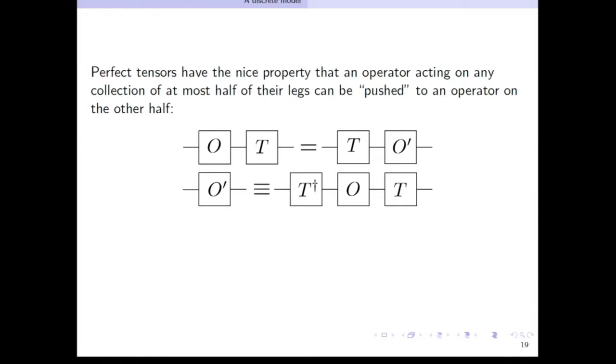So O prime I define as T dagger O T, and then I substitute it here and I get that. So this means that any operator contracted with any 3 of the indices, I can push it through the tensor and turn it into an operator acting on the other 3. And by the perfection, I can do that from any 3 to any 3. Is T the perfect one here? Yeah, T is the perfect one here. Yeah, that's right.